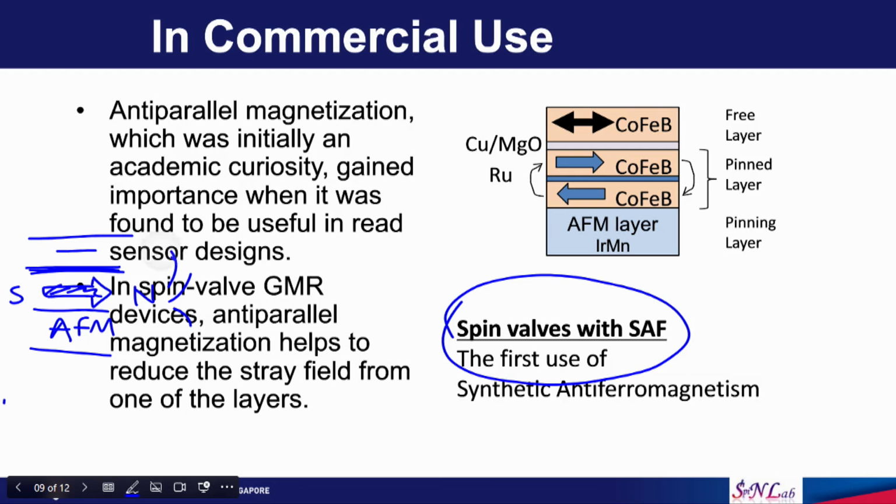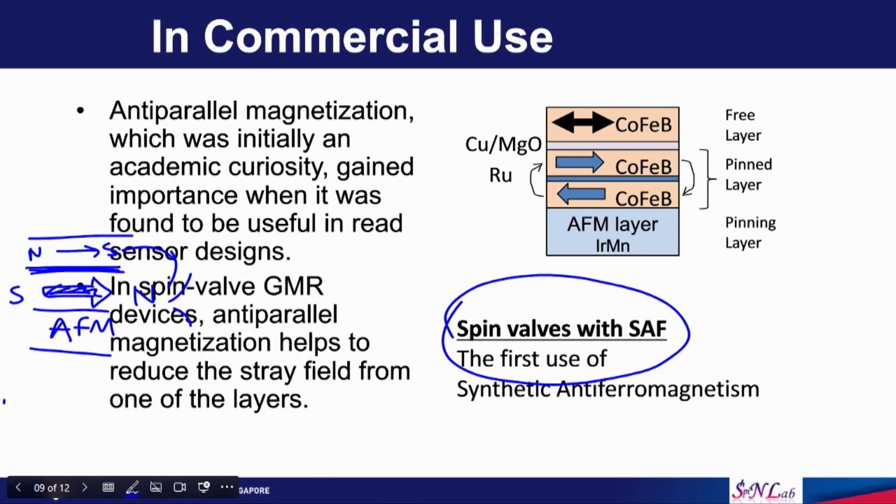This magnetic field will influence the magnetization direction of the free layer. For example, this is the north pole. Preferably having a south pole here is more favorable, because when you have two magnets, north-south and south-north in contact is more stable.